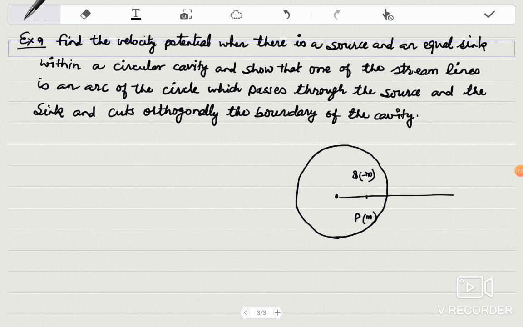Take P here and then Q here. Let it be P and it be Q. Naturally, from the image system, this source at P will have a source of equal strength at P dash at its inverse point, such that OP times OP dash is a square, because there is a source. So this source is at P.